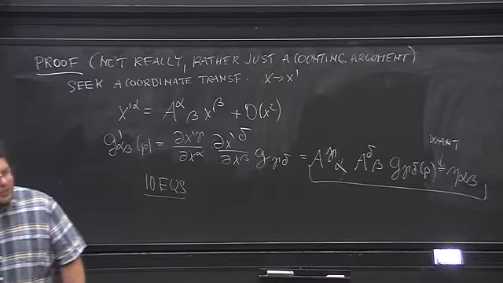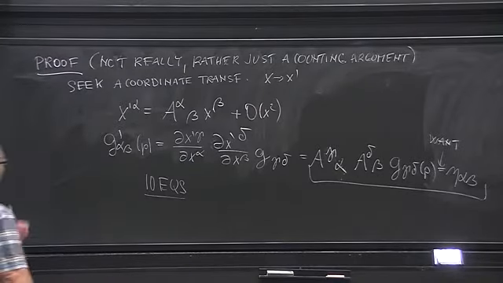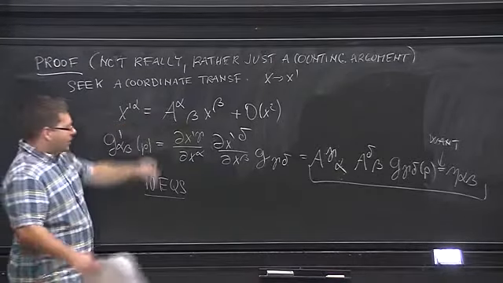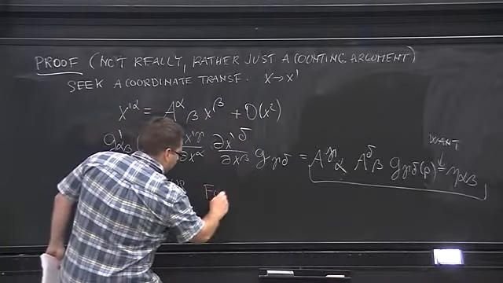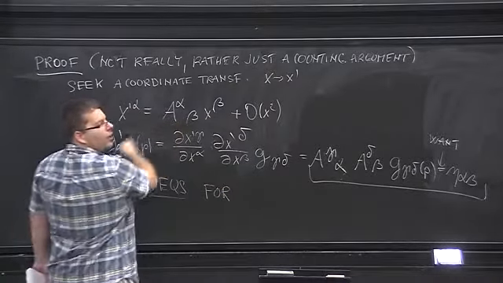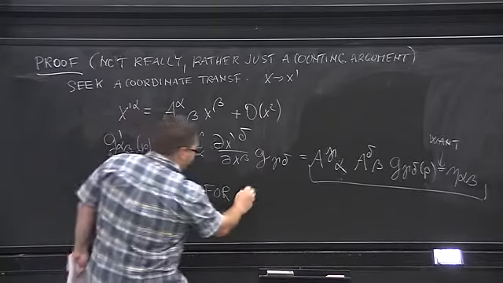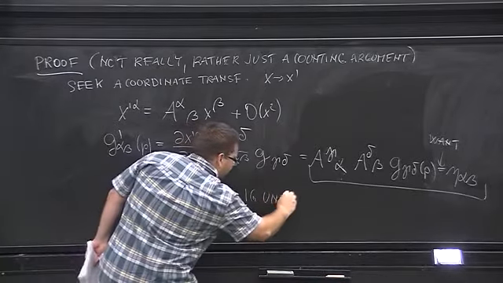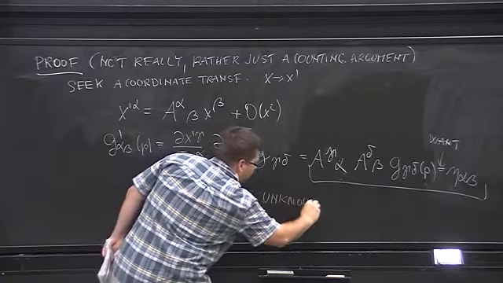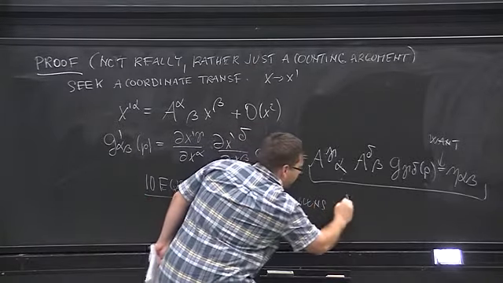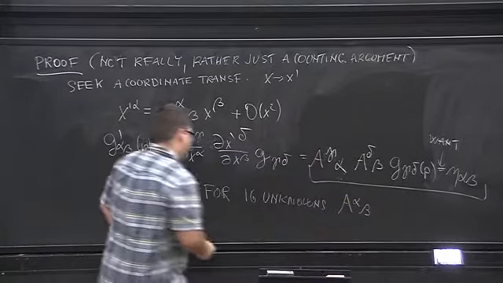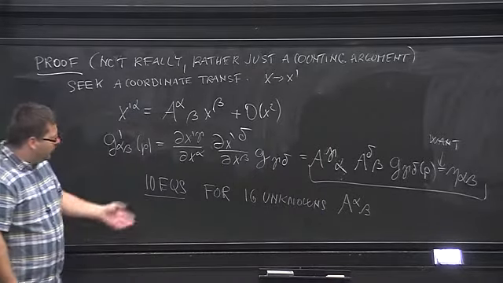And we are solving these 10 equations for my unknowns, which are the A's, and how many are these? 16. For 16 unknowns, A alpha beta.